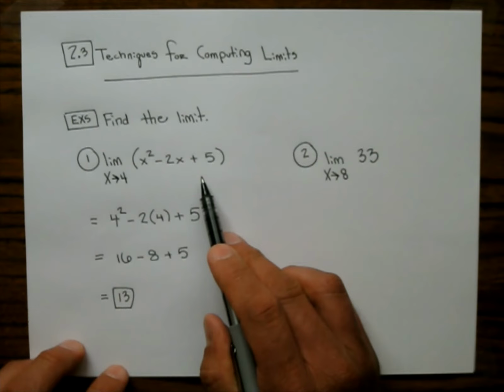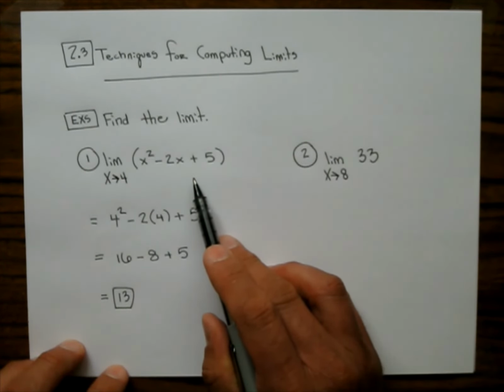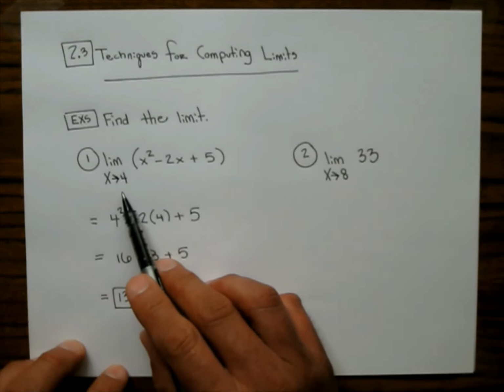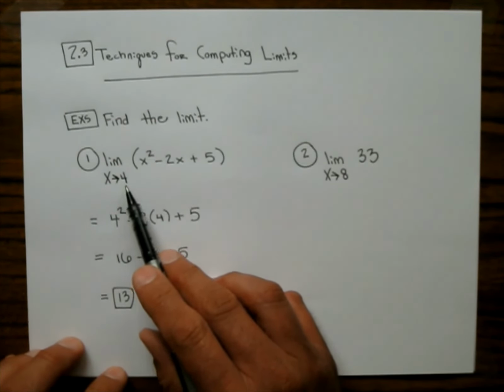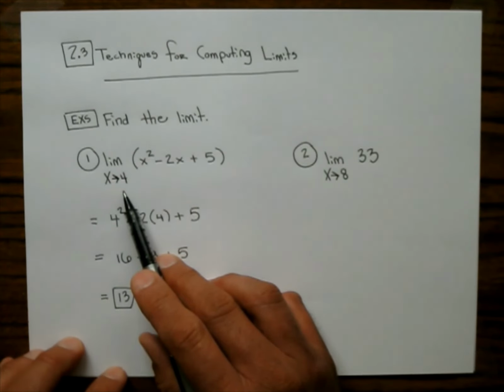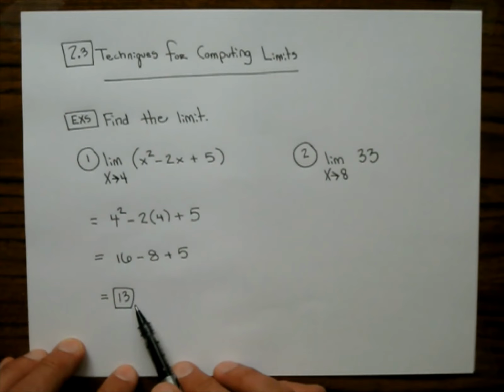Sure, we can graph this parabola, and we could investigate what happens at x equals 4 on that parabola, but it's going to be nice, smooth, and continuous. And I know those are some words that we still have to define, but it's going to be nice there. There's not going to be any holes or weird things. And you'll find that the y value is 13 and the bugs will meet.